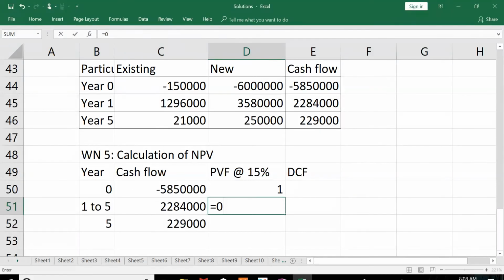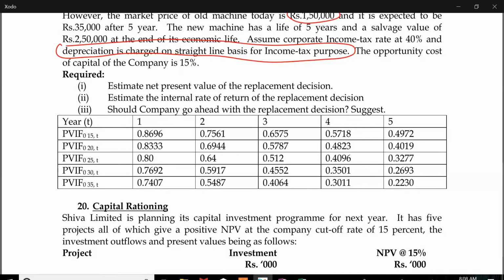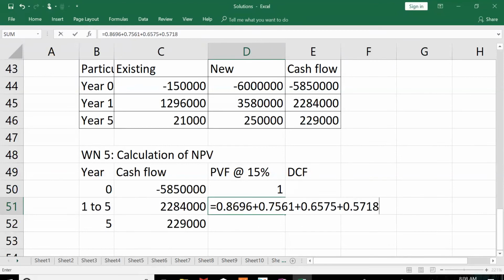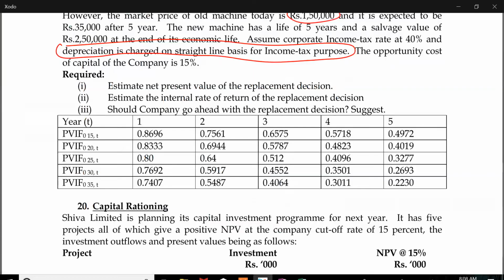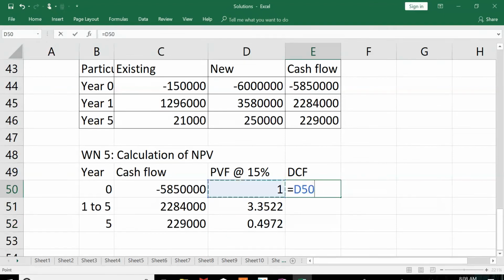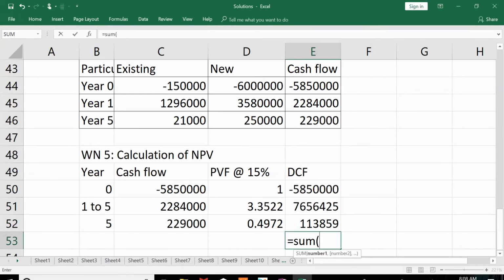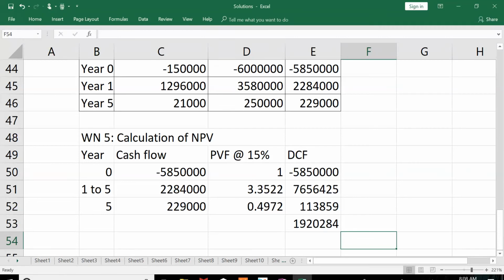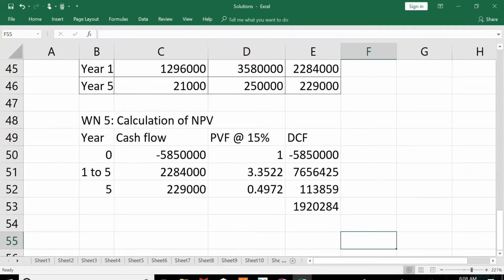Follow whatever factor is given in the question. Let me know in case there are doubts.